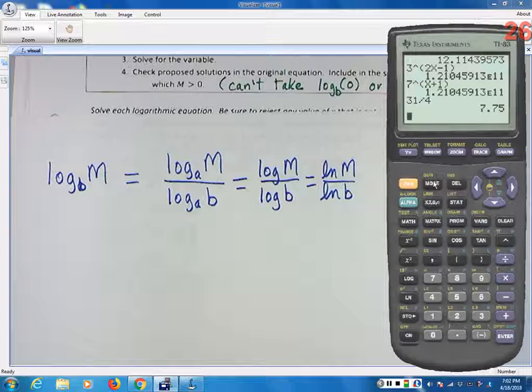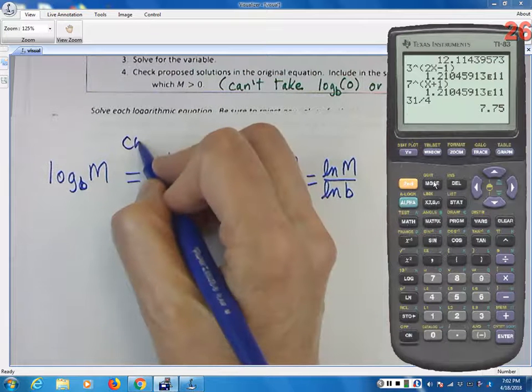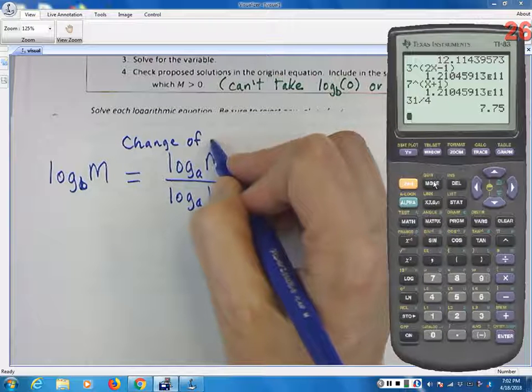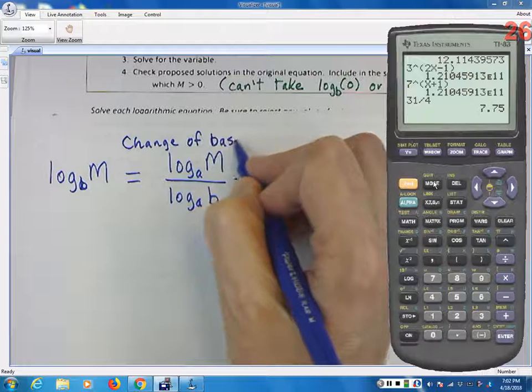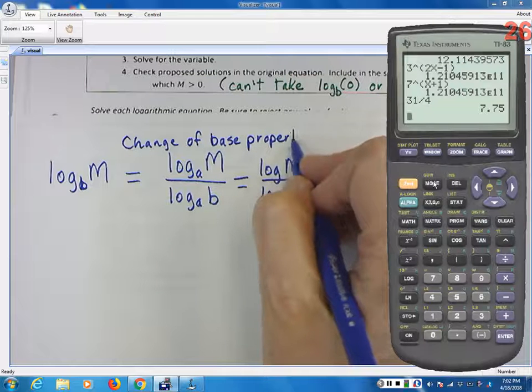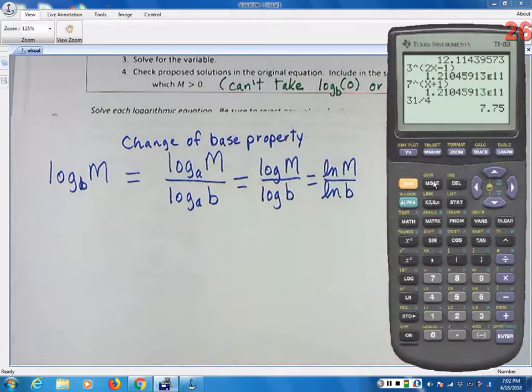Okay? This is a change of base property that if I ask you, and I do, on the take-home test, to use the change of base property to find a log that's not base 10 or natural log, you're not supposed to press alpha window. You can check your work doing that. But you're supposed to write this and then type this in your calculator.